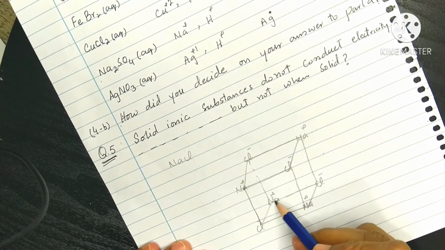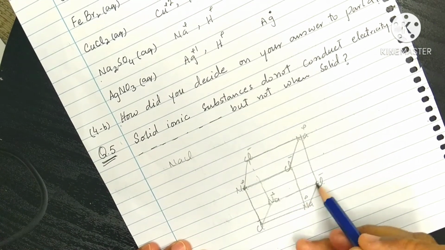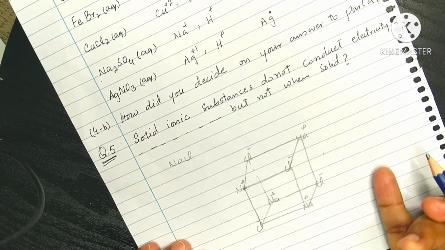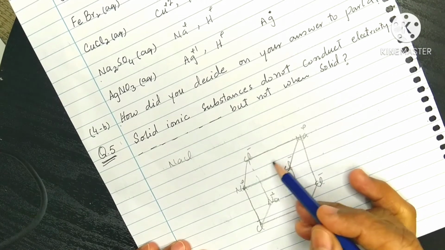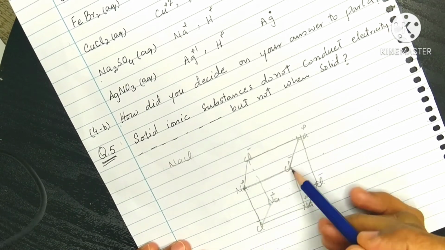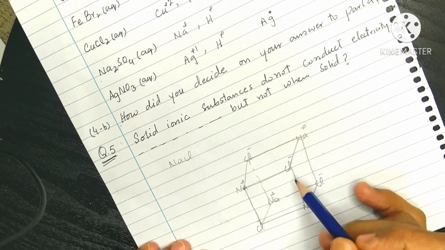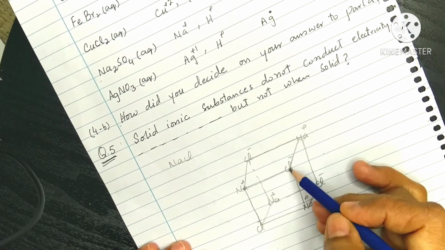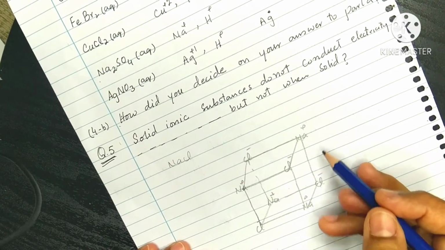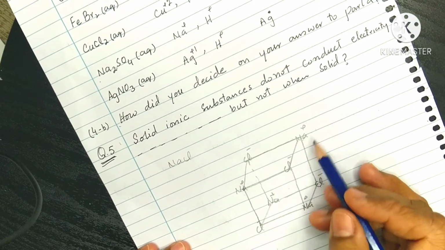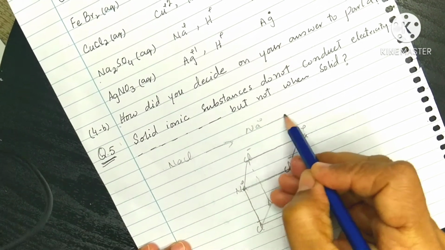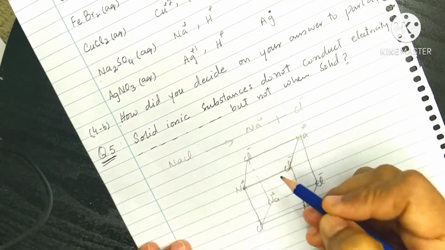When they cannot leave their position, they cannot move towards their respective electrodes, cathode and anode, so they cannot conduct electricity. But when they are present in the molten form or aqueous form, these positive and negative ions can freely move, and there is no electrostatic force of attraction between them. They can move towards the respective electrodes, cathode and anode. For example, sodium chloride will convert into sodium positive and chloride negative ions.